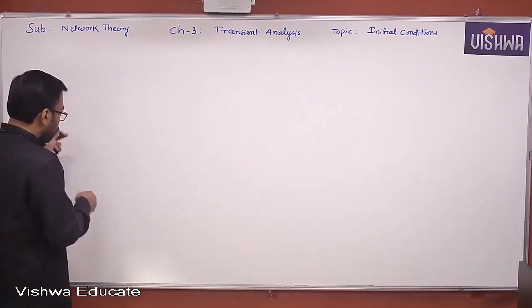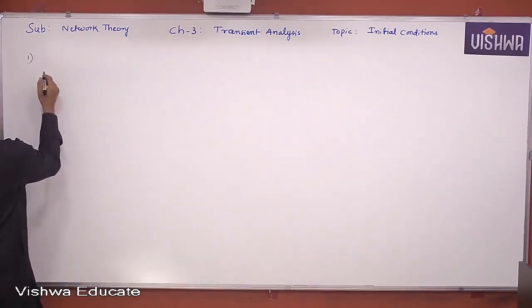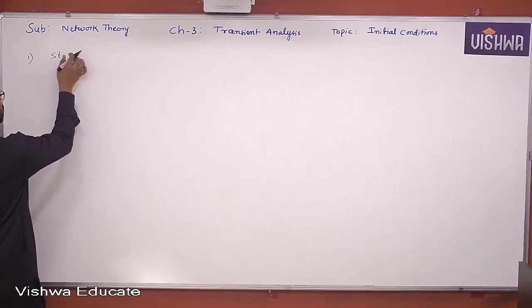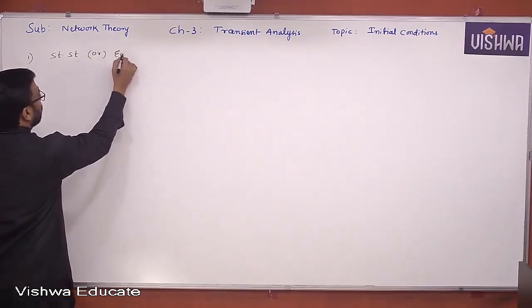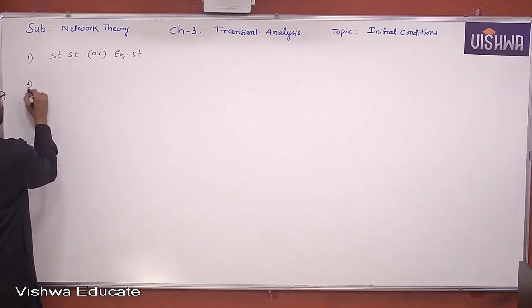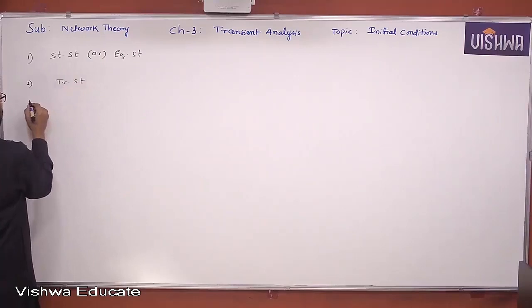Now, I would like to list out the first. What is a steady state? One should really know what a steady state is. Steady state or equilibrium state. Second, transient state or dynamic state.